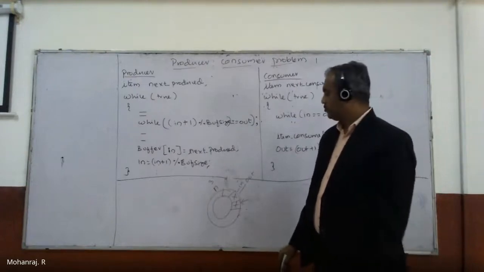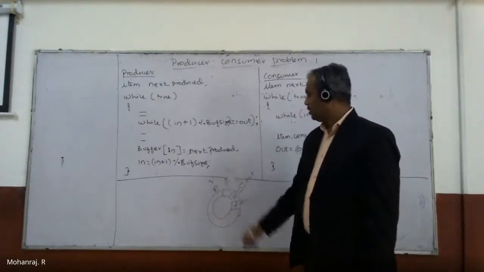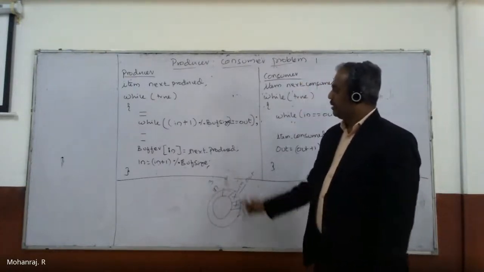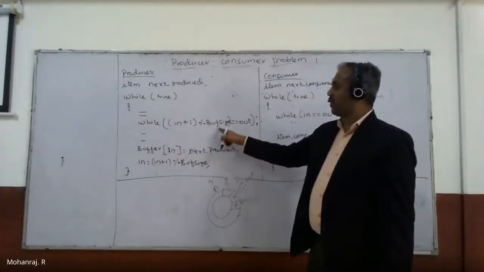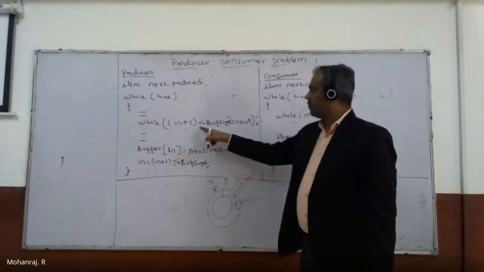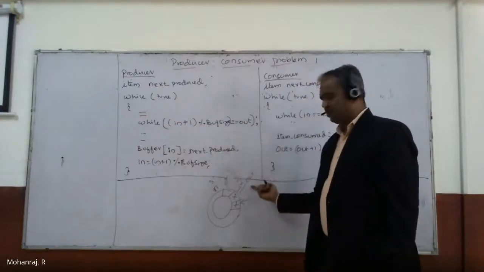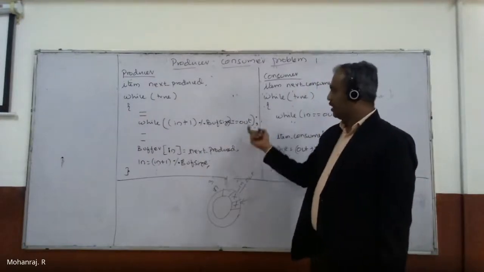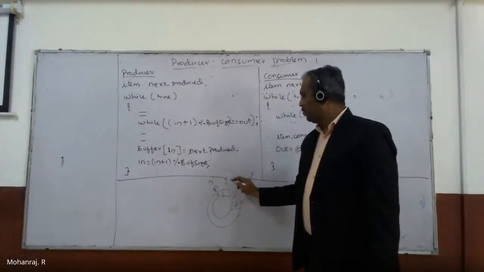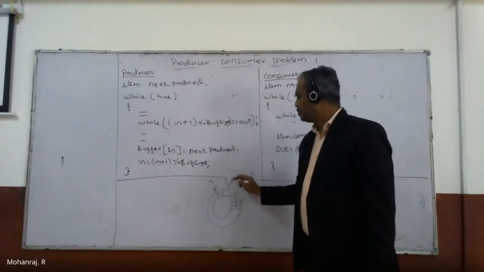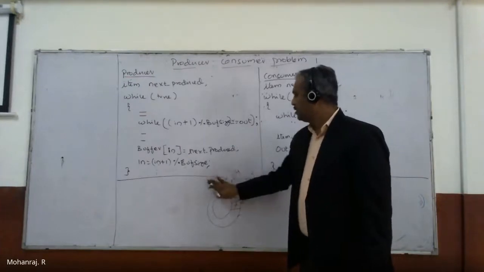The pointer in is 3. So 3 plus 1, 4, and I said that the buffer size is 5, right? So we have got 4. Out is in this place, so it is false, so the item is going to be placed over here. Then now the in pointer will move into this place. So now the value of in is 4.